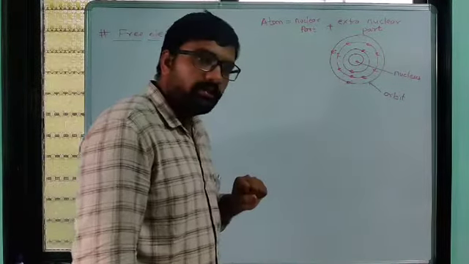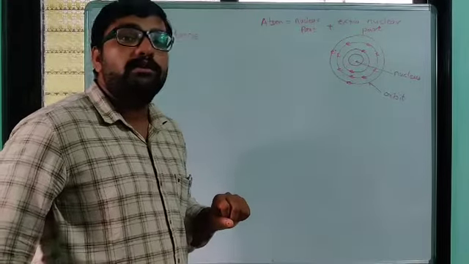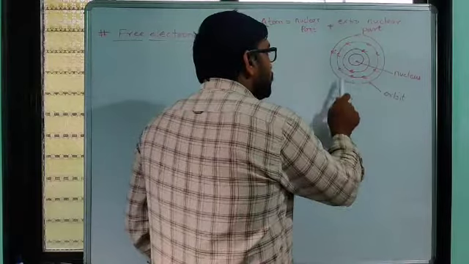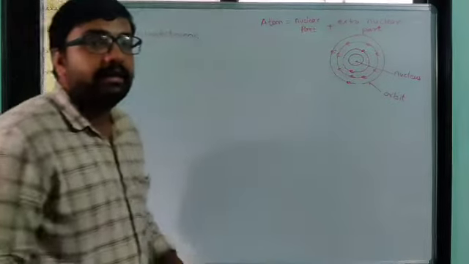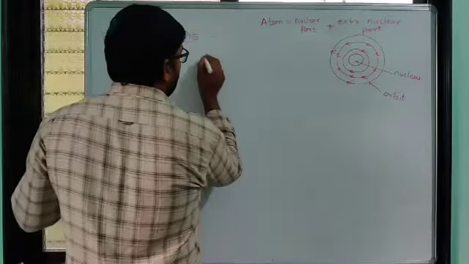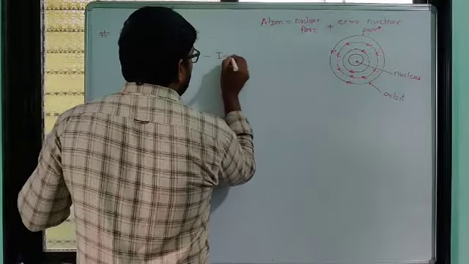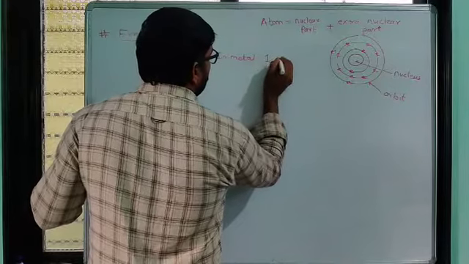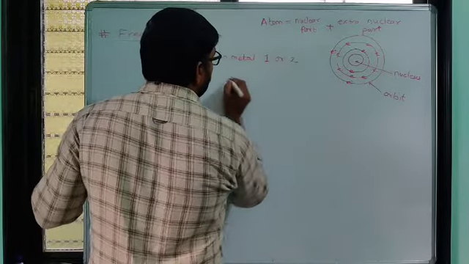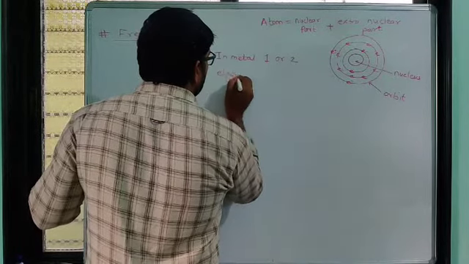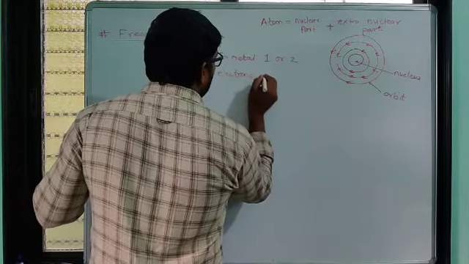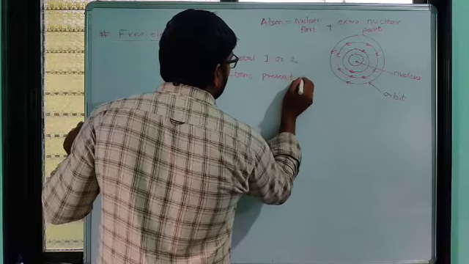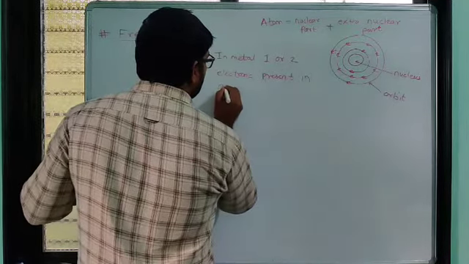In case of metals, if we see the atomic structure, only one or two electrons are present in the outermost shell.